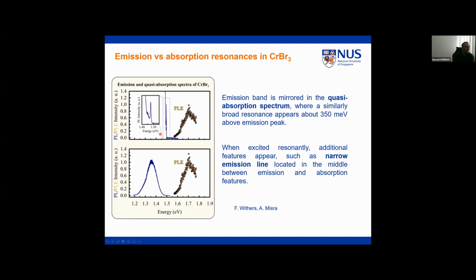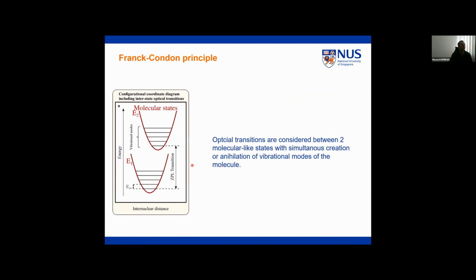And for some samples, you can also see a very narrow line roughly in between the emission and absorption bands. Such a type of optical response is very, very characteristic of emitters that follow the so-called Franck-Condon principle. Initially, this Franck-Condon principle was developed for molecules.